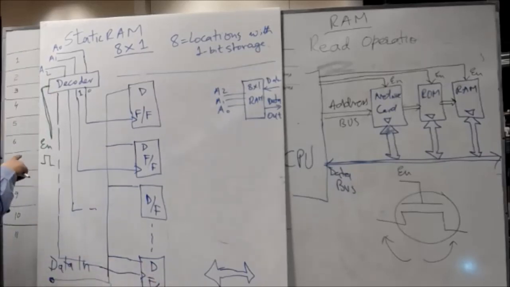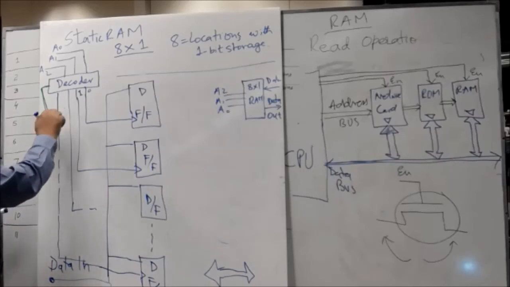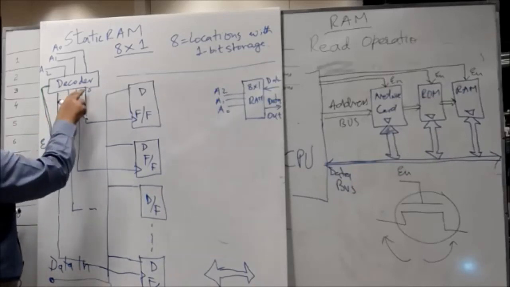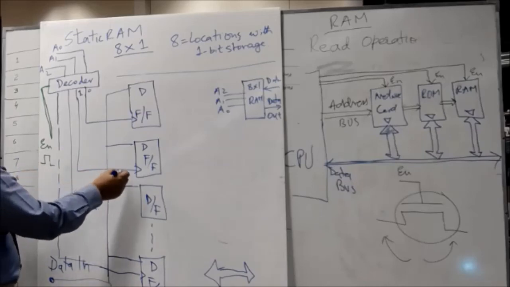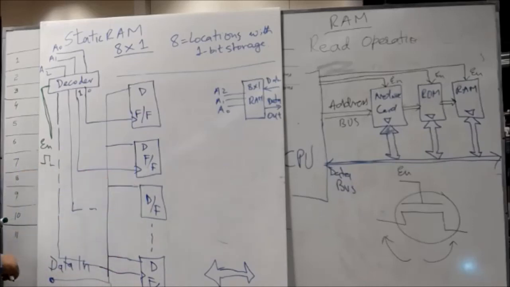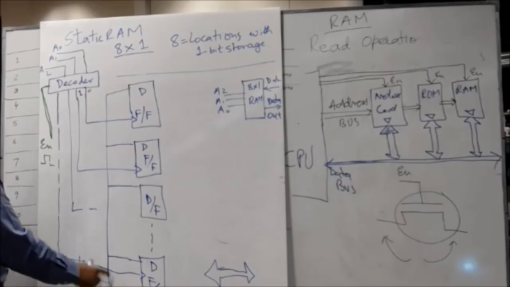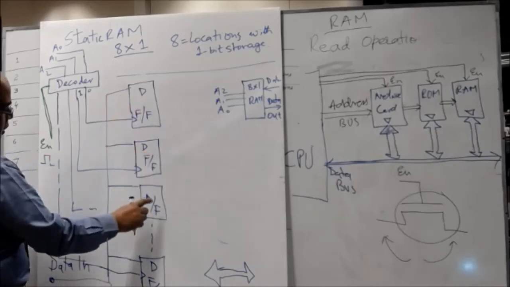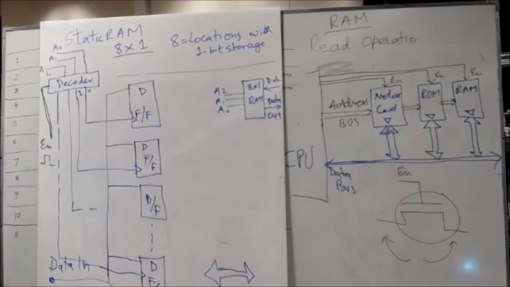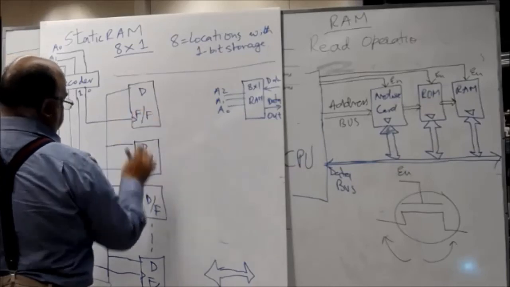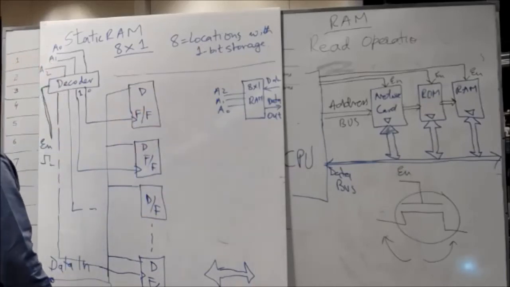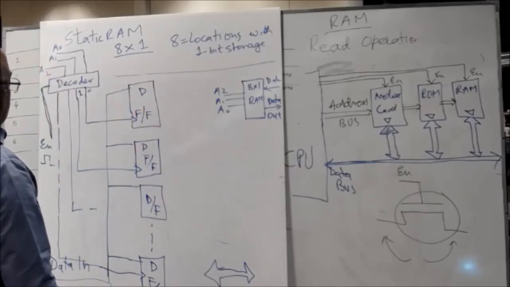So when you make the enable output high, one of the decoder outputs becomes one, and that generates a clock on one of these D flip flops, and the data is written only onto that D flip flop. So you say that we have written one data. You can use any of these to write data here.